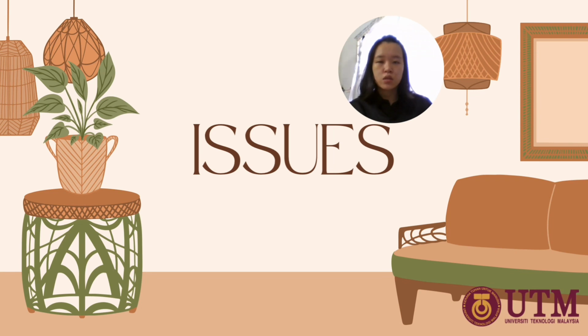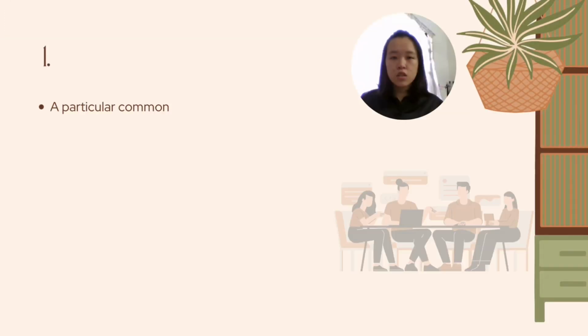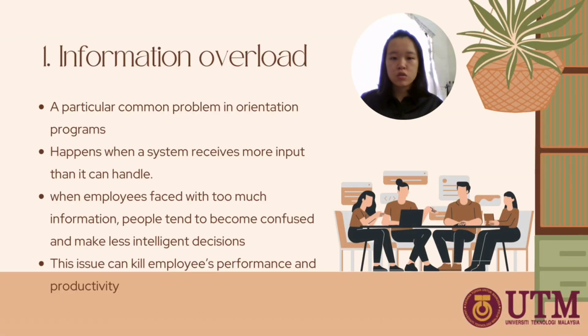There are two issues in employee socialization and orientation. The first issue is information overload. Information overload is a particularly common problem in orientation programs, and it happens when a system receives more input than it can handle.